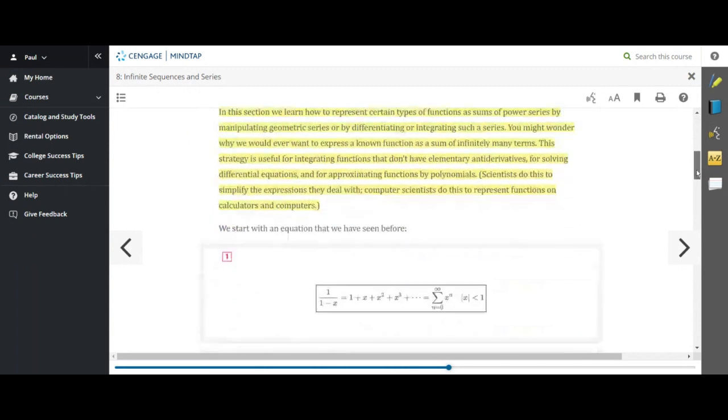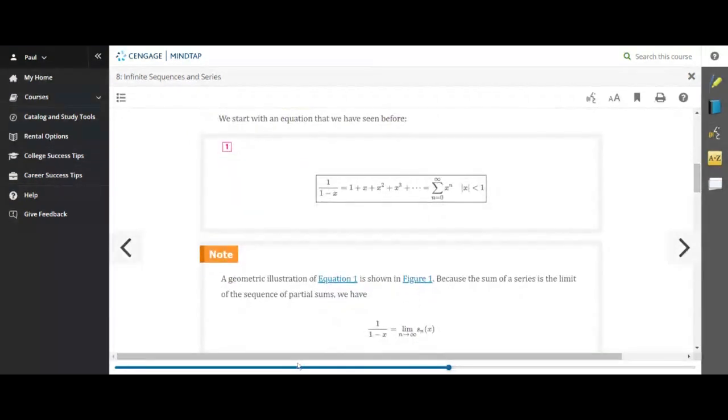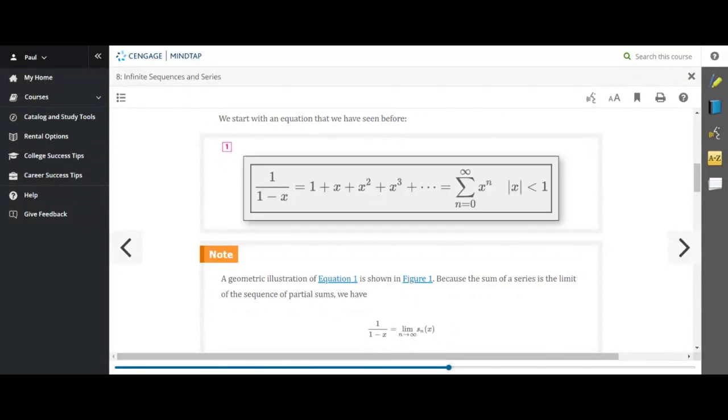relies on an important fact. Okay, it starts with an equation that you might have seen before. 1 divided by 1 minus x is equal to 1 plus x plus x squared plus x cubed and so forth.